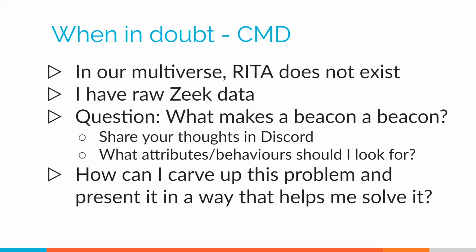So I'd really love to get a consensus on, when you hear the term beacon in the context of cyber threat hunting, what does that term mean to you? What is it that we need to look for? What are its attributes? What are its behaviors? Because if we can wrap our brains around that, that becomes a target that we can then go after to see if they're running on our network.